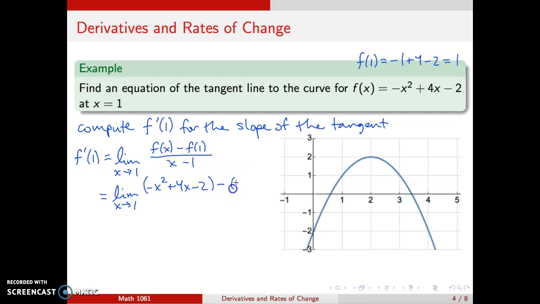So we've got 1 there. x minus 1. So this is negative x squared plus 4x, now it's minus 3 over x minus 1.